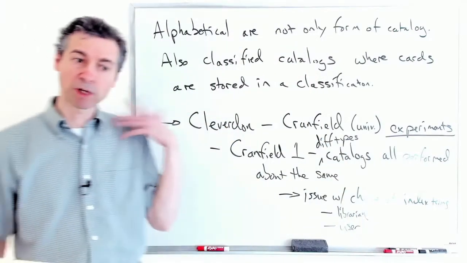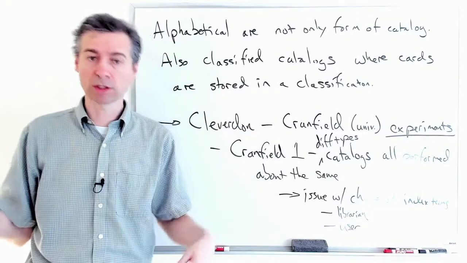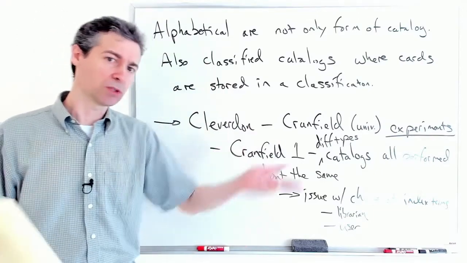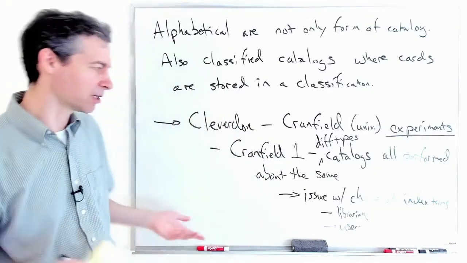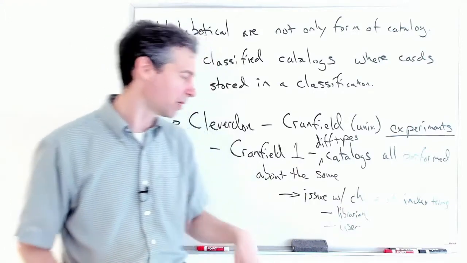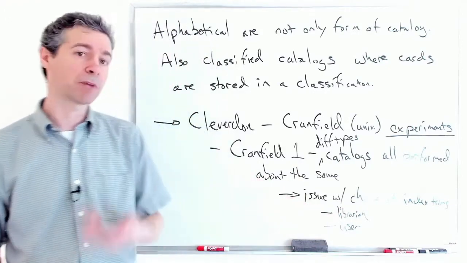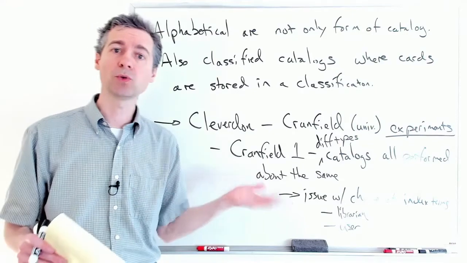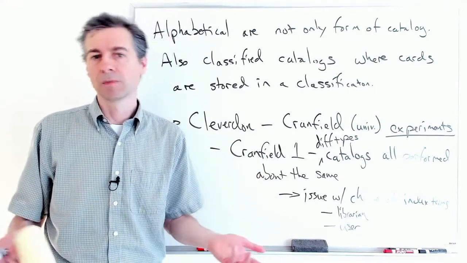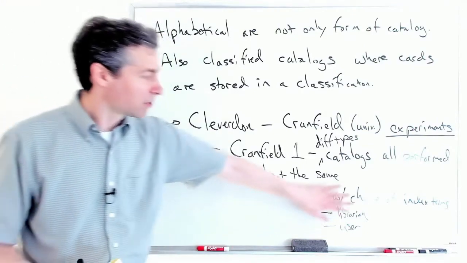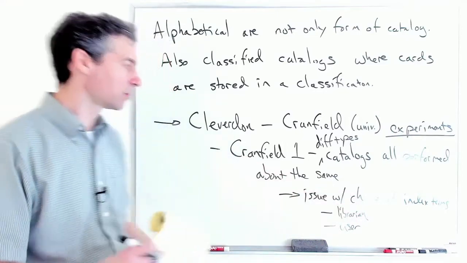So the user might not come up with the right word. This is when we accuse the user of not doing the right thing. They might not have come up with a word that would have helped them find something. Same thing, the librarian might have labeled things in a way that didn't help the user find things. We might say they've made mistakes, but nevertheless, he found the biggest issue were these index terms.